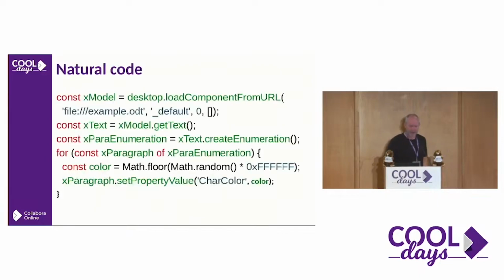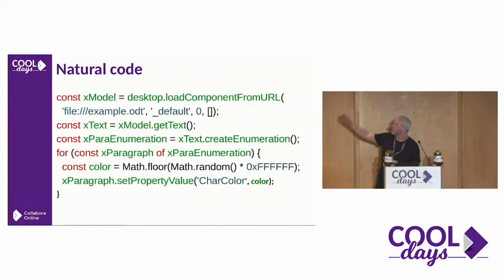And long story short, what does it all look like? The resulting code is that much cleaner, and if you maybe know the Python UNO binding, which has some of these similar niceties to make it more idiomatic Python code, in this case, it has some niceties to make it idiomatic JavaScript code.